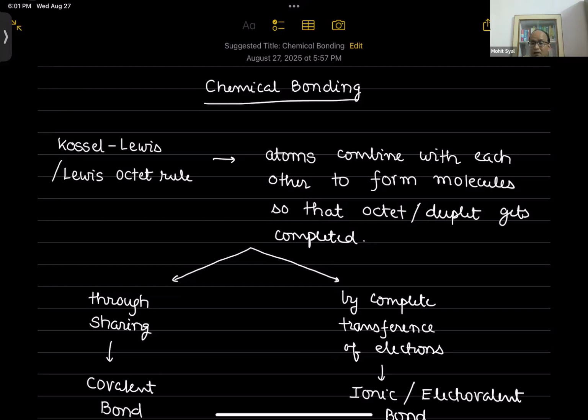The answer is, as per Lewis, they participate in bond formation to complete their octet, to have 8 electrons in the outermost shell.